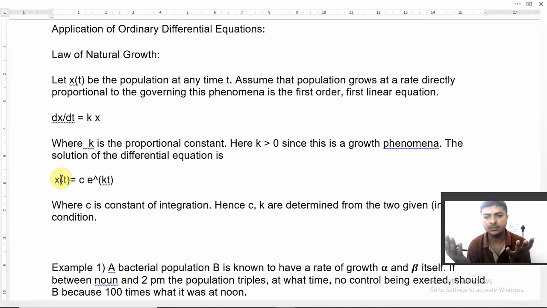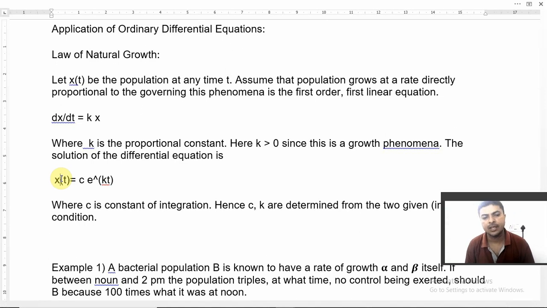Here we can see easily friends that as the growth increases we always take the exponential growth, which is a sudden growth. So therefore the solution has some constant, and we have taken the growth as exponential.